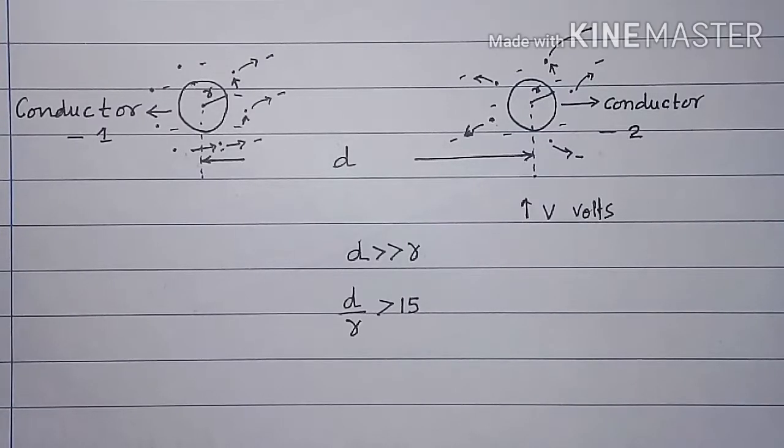But in case of DC transmission systems, the appearance of corona is different because the polarity is fixed there for the two conductors.